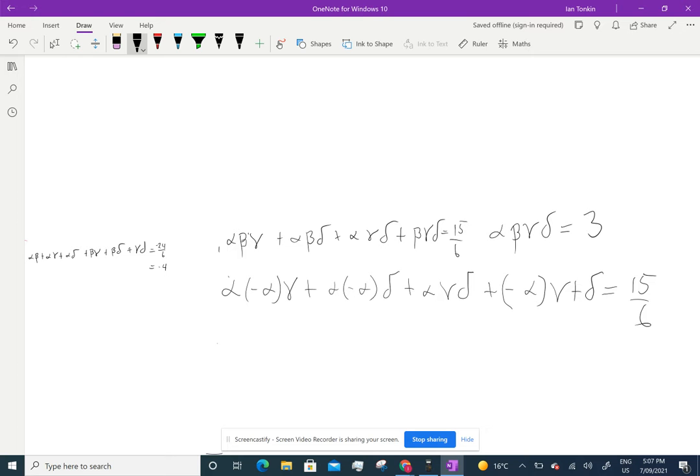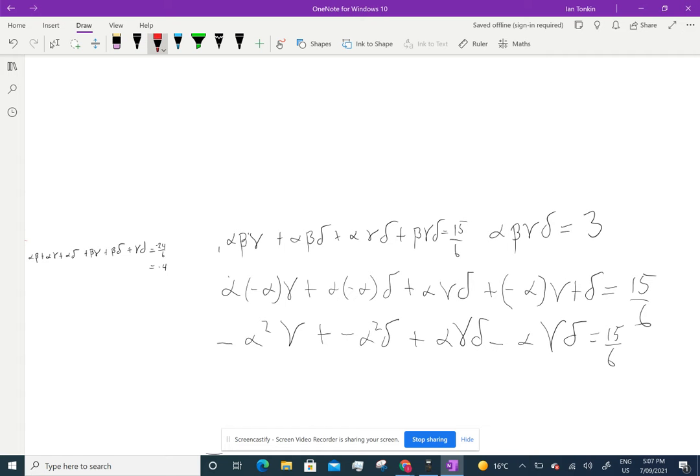So here I get minus alpha squared gamma. My gammas are turned into big V's now, I've got to be careful. Plus minus alpha squared delta plus alpha gamma delta minus alpha gamma delta equals 15 on 6.